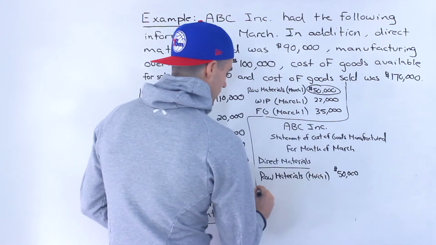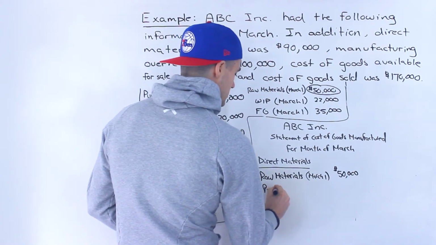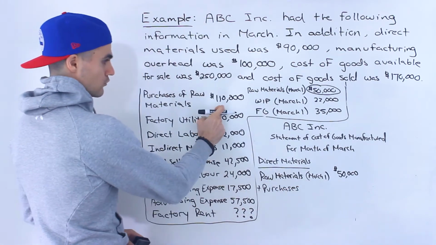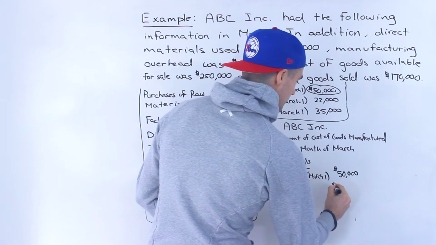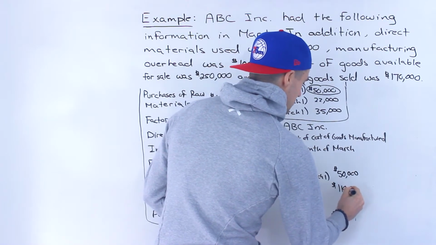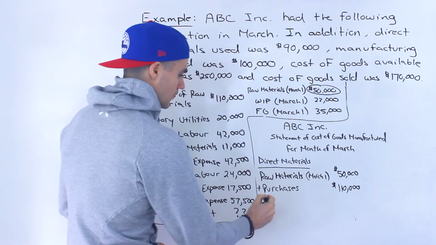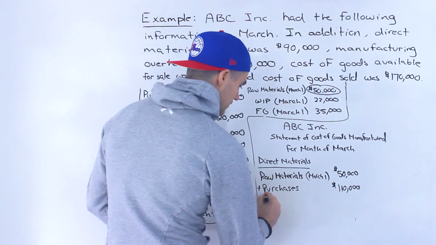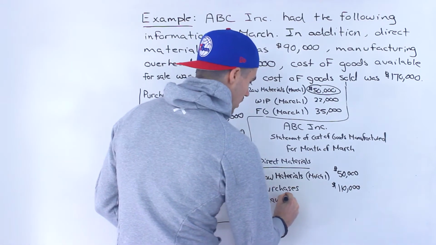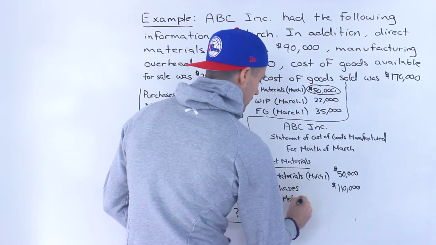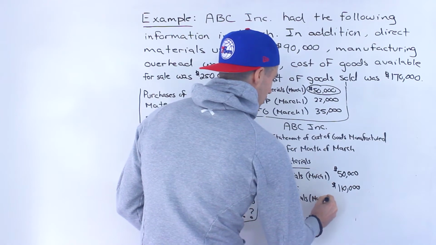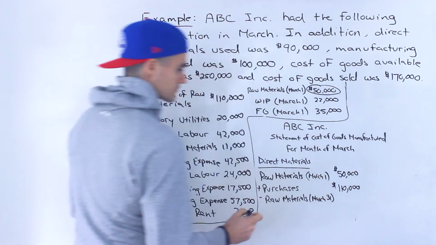And then what we do is we add purchases of raw materials, which we're given over here. It's 110,000. And here's where stuff gets a little bit weird. Notice that usually what we do is we subtract the ending raw materials, so we would subtract the raw materials on March 31st.